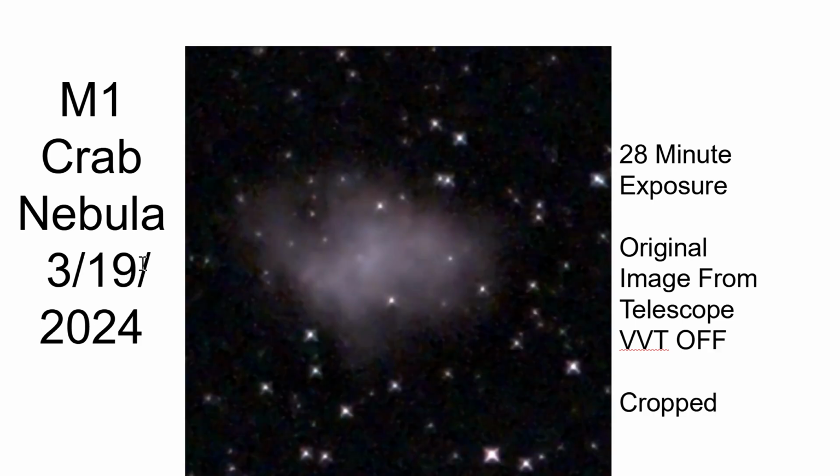I also cropped the image more. So this is the same image you saw from 2024, but cropping just the Crab Nebula portion, you can definitely see the stars are not circles in this image. But this is with VVT off.